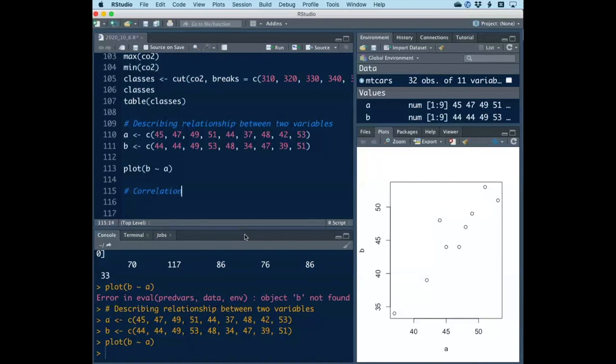Okay, so we can have positive correlation when one variable increases and the other variable increases as well. That would be a positive correlation. That's the same as we see here. Or we could have negative correlation. That means that one variable increases and the other one decreases.